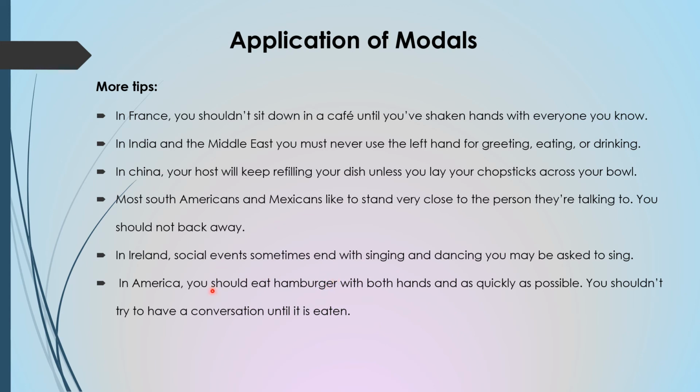You should eat it as quickly as possible, because maybe it will get cold if you eat slowly, and there will be mayonnaise and sauce, maybe the cheese. Because of the cheese, you need to eat as quickly as possible, and you should not try to have a conversation until it is eaten.